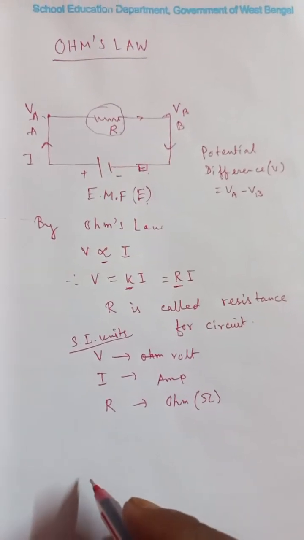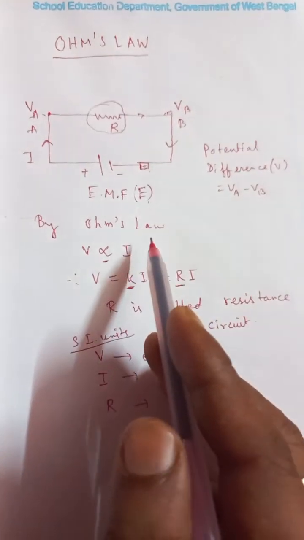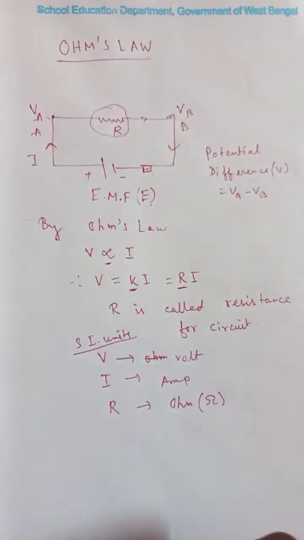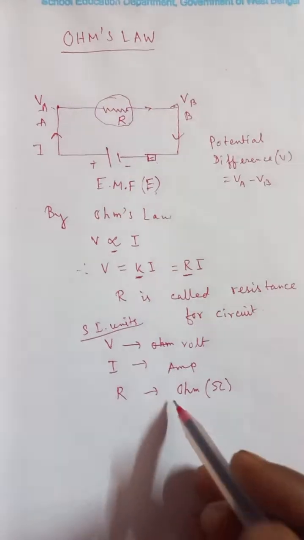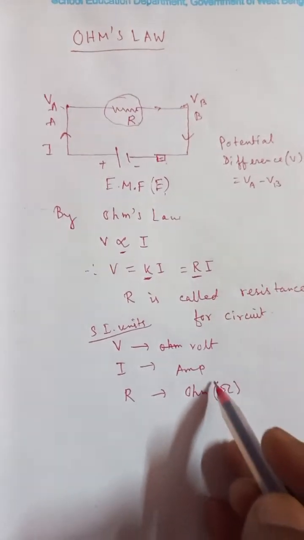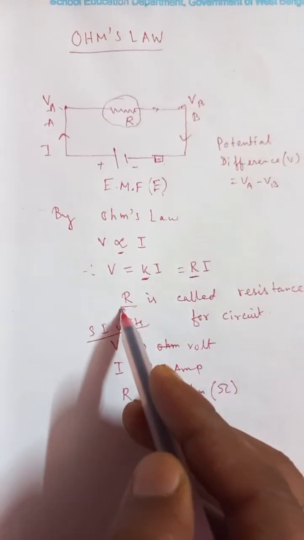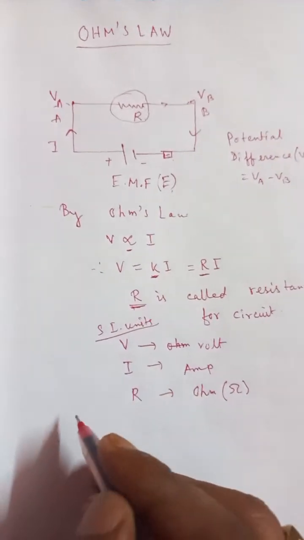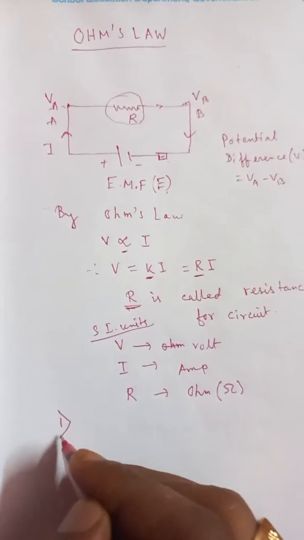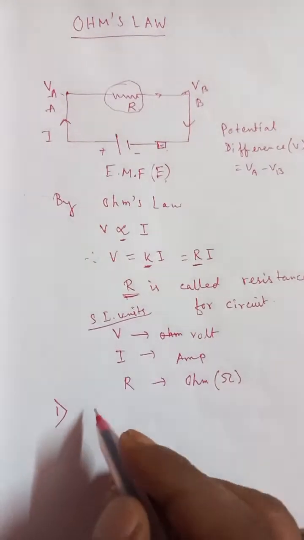So we wish to study the resistance. So on which points does the resistance R depend? First is the length of the wire.